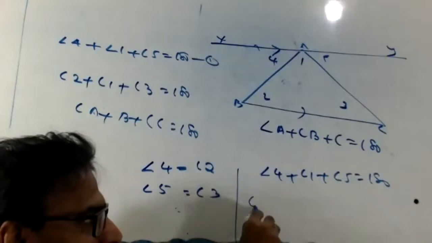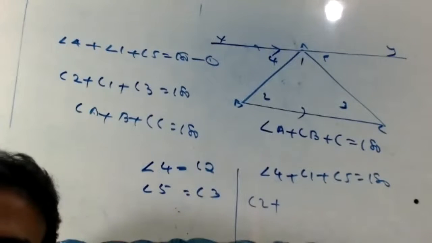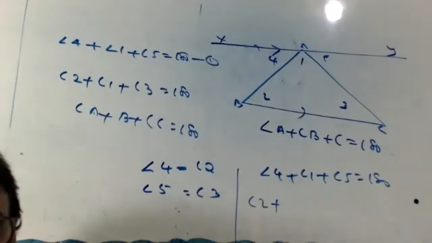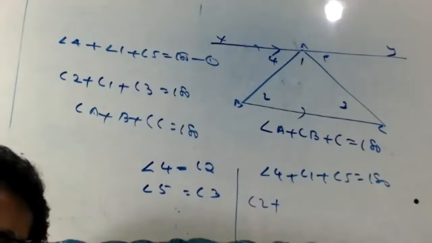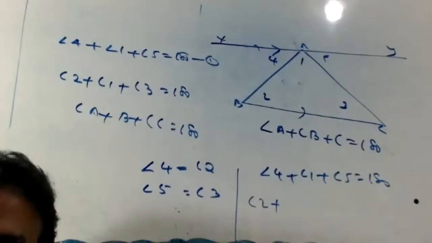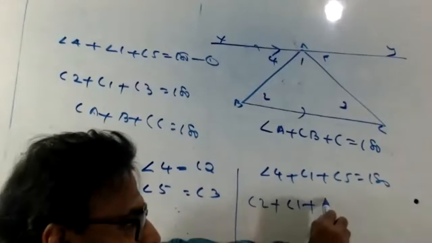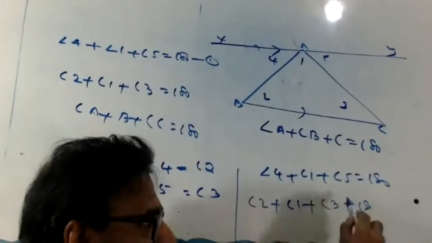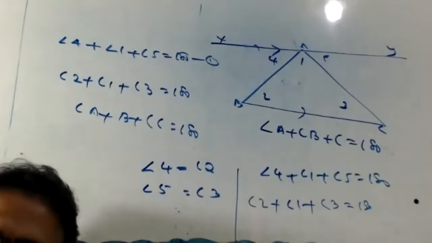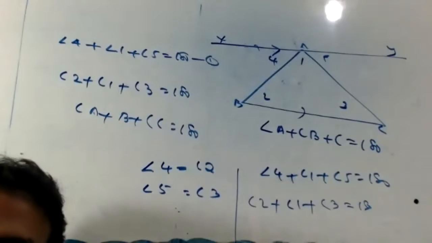Do you have any objection? 1 I'm keeping there. Instead of 5, I'm writing 3, equal to 180. This is the substitution. Now clear? Okay.